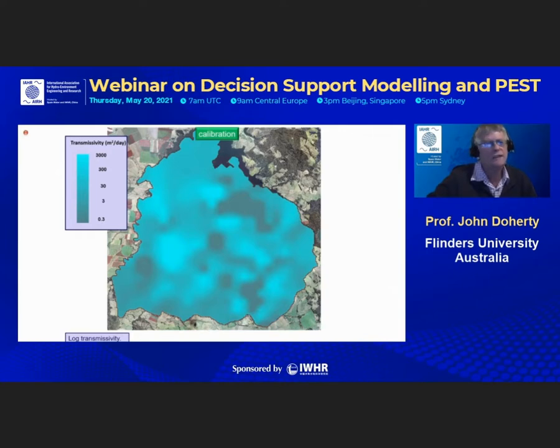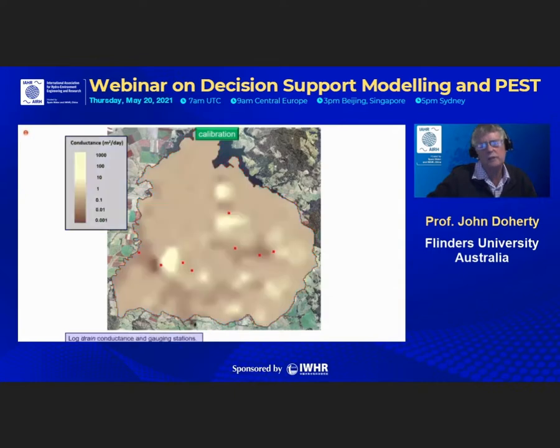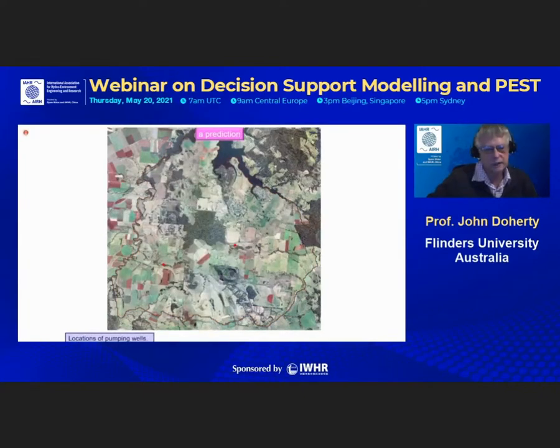Basalt can be extremely transmissive in some places and extremely resistive in others. The calibrated parameters were transmissivity and drain conductance; water is allowed to find its own point of escape from that basalt aquifer, which is sometimes confined to the surface. So now we come to the prediction.